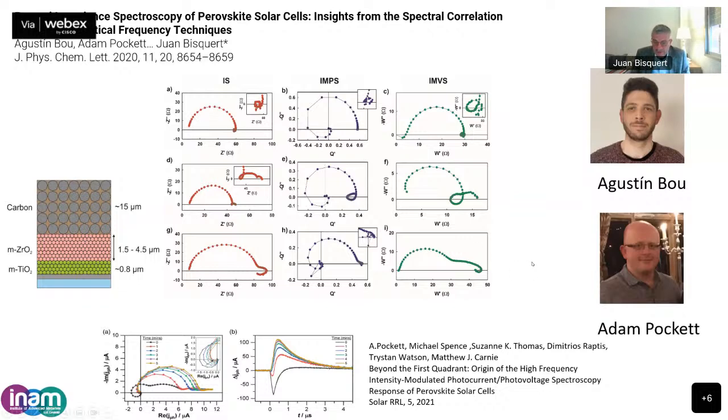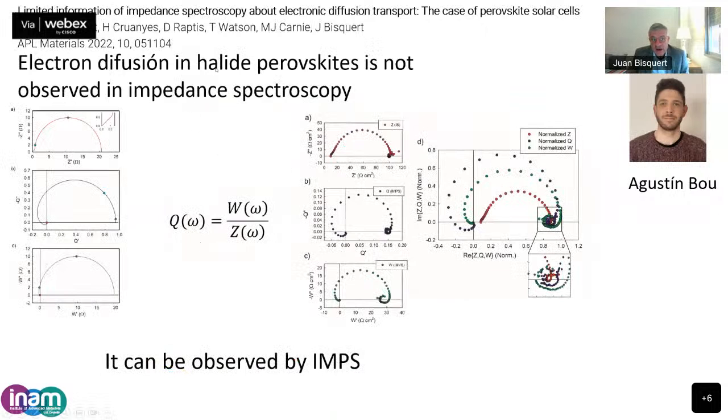So it's very interesting that now we can observe electron diffusion both in IMPS and in IMVS. You can see the negative part on both. But when you make the division of the two, we don't find a diffusion impedance in the impedance spectroscopy. So we are concluding that they don't contain the same information.